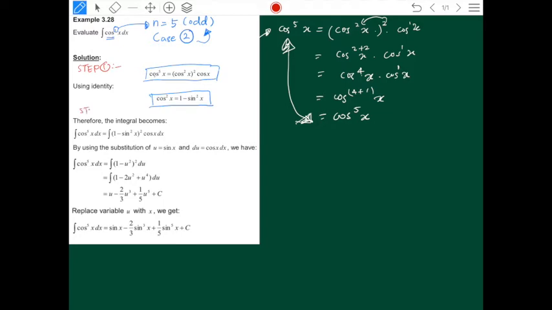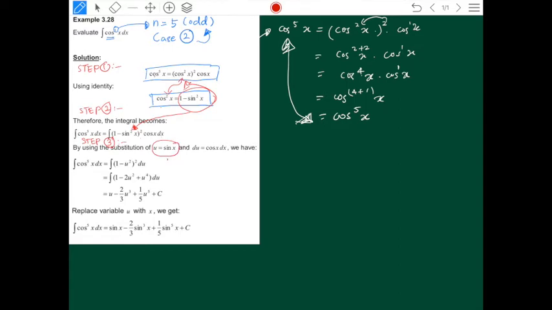So step 2 is you need to plug in. Here the cos squared x, you substitute 1 minus sine squared x into this, so it becomes like this, times cos x dx. Your step 3 will be to pick the right substitution.